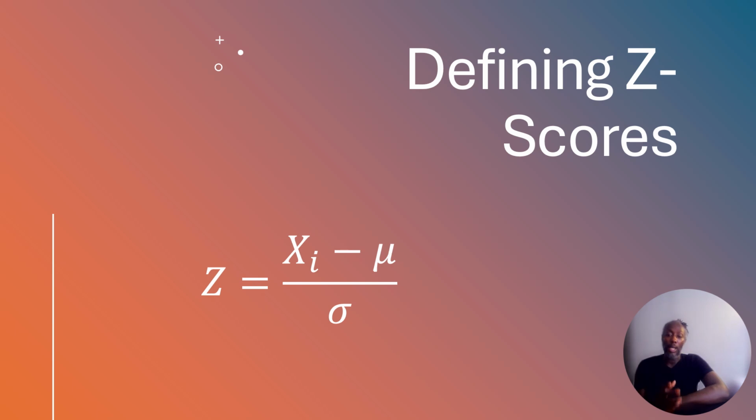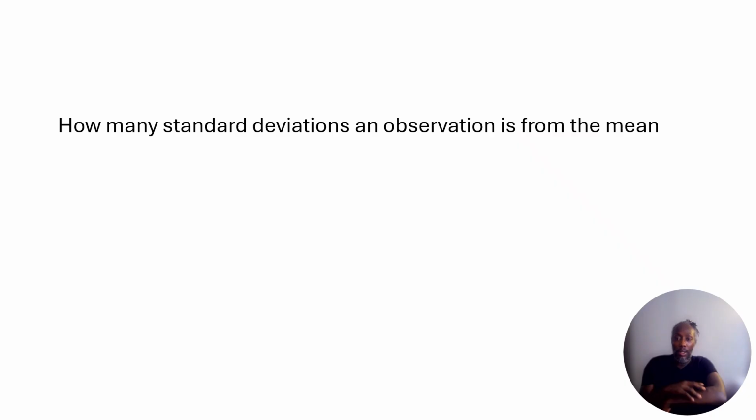If we put that same logic to this example, it can be, I think, informative. What we have is the distance between an observation and the mean, and we're asking how many standard deviations can we find in that distance. In other words, a z-score is the number of standard deviations that a value is from the mean.